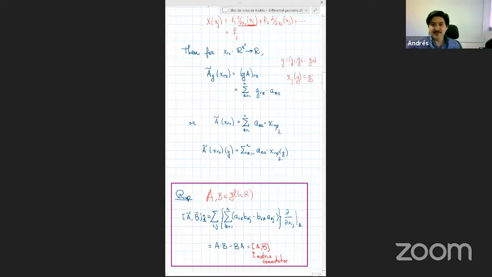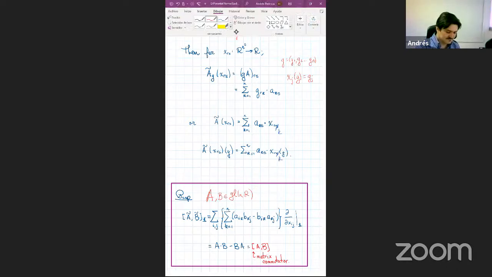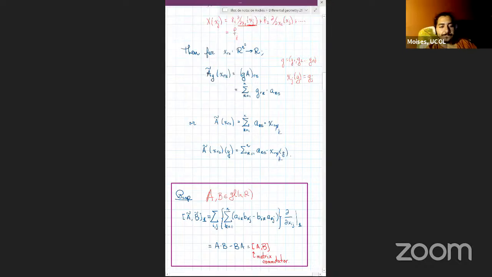In that way, I will have the Lie algebra structure. And it happens that this formula is just the commutator of the matrices, AB minus BA. We will compute the whole formula of the Lie bracket of the vector fields. And when we go to the identity, we will obtain this. So now that we're going to prove this, and once we're done, we have the Lie algebra operation. Great. Any questions before we continue with the proof? So far, so good. Okay.